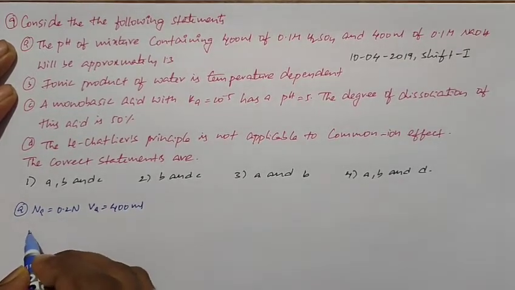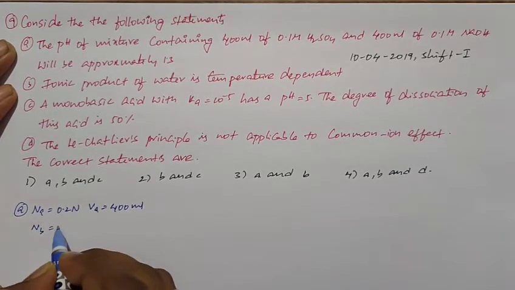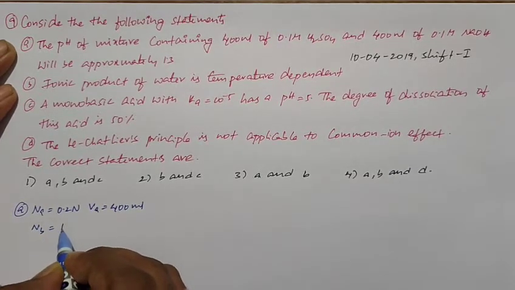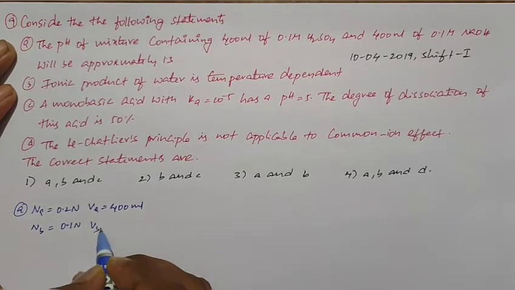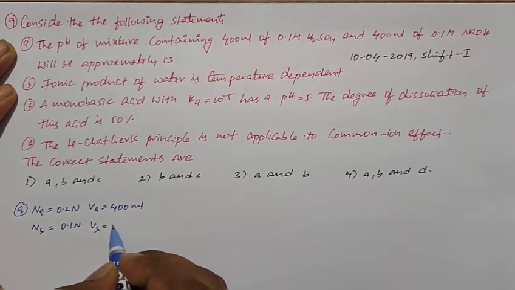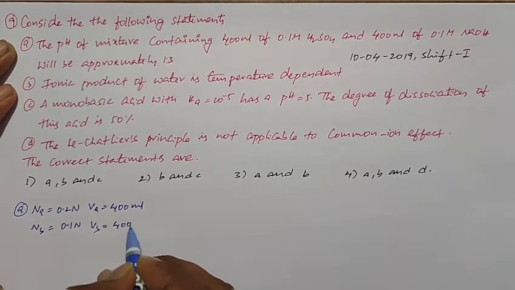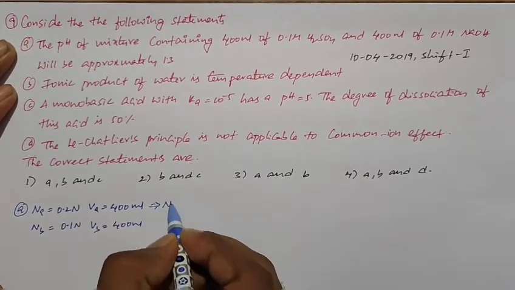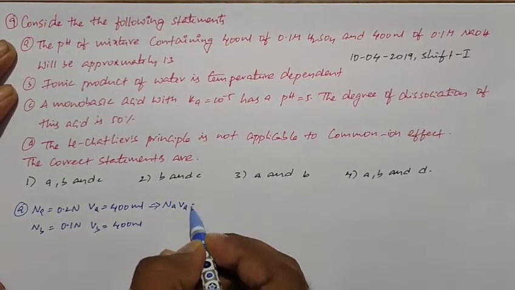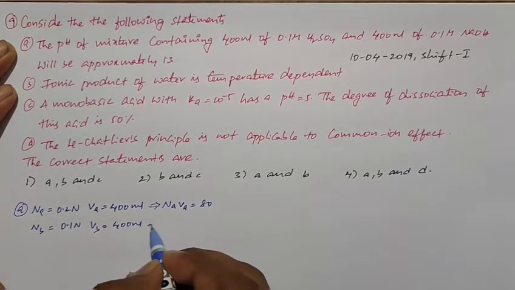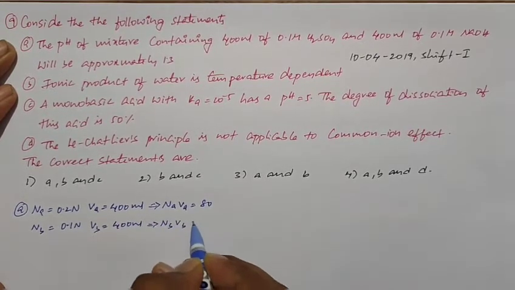At the same time, the normality of the base is 0.1 normal and the volume of the base is 400 ml. Then NaVa is equal to 80 and NbVb is equal to 40.